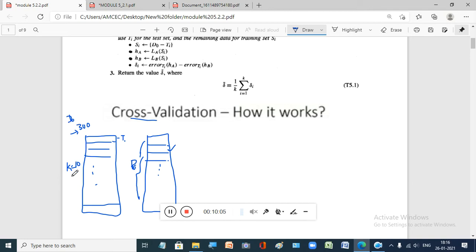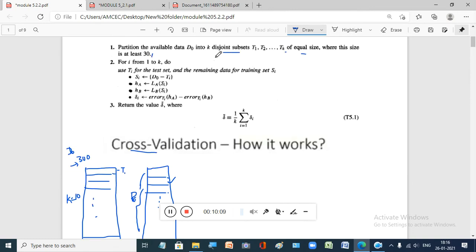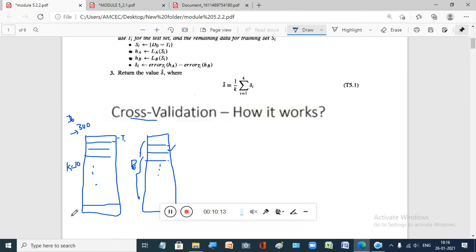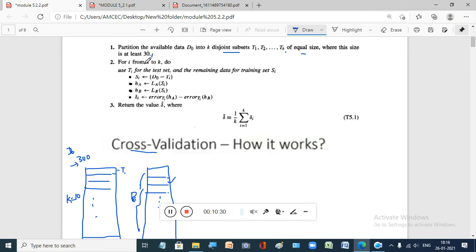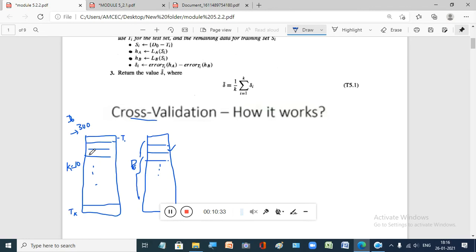When you divide 300 records into k equal to 10 parts, each one will have 30 records. In this way we have divided it. First we divide it into k disjoint subsets. Next, for i varying from 1 to k, we take each one.